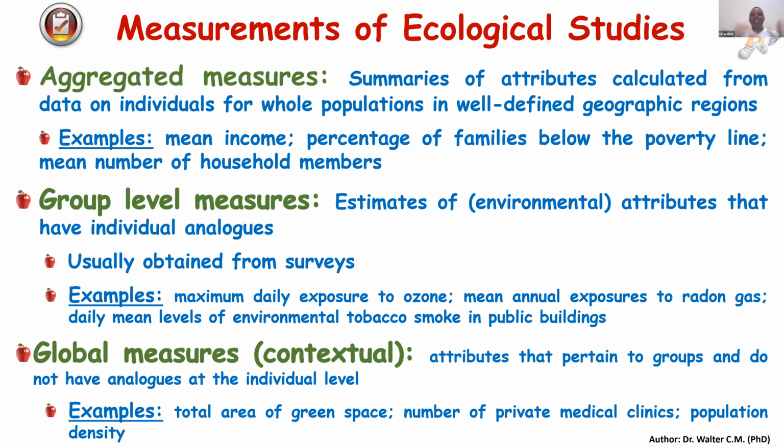Those are the measurements. So this is the idea of the ecological study and observational studies, because we have the concept of observational studies with categories, descriptive and analytical. We've touched some study designs under descriptive and under analytical, and ecological is one among the studies under analytical observational studies.